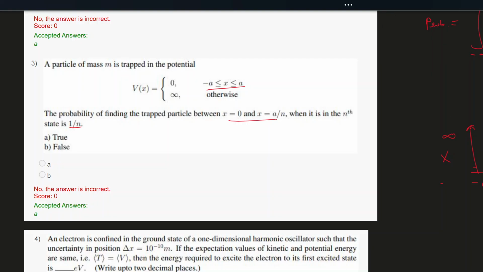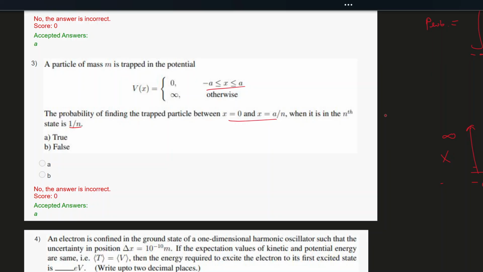Now between 0, that is this point, to some positive x, let's say x equal to a by n, that means 1 by nth of this whole extent a. So somewhere in this region you have to find the probability of the particle being trapped, when the particle state has been defined to be the nth state for this infinite potential well problem.